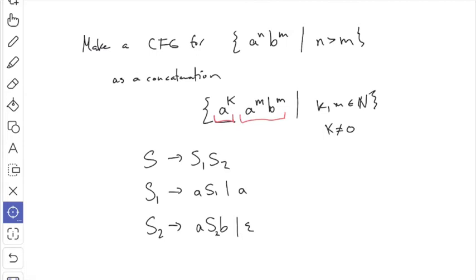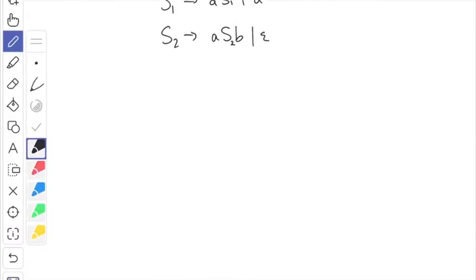All right. One more example. Here's one in which you have to do a sort of non-obvious union. A to the n, b to the m, where n is not equal to m.